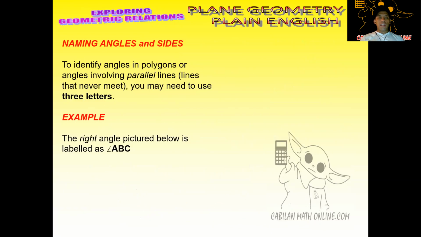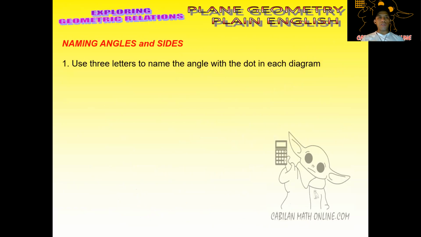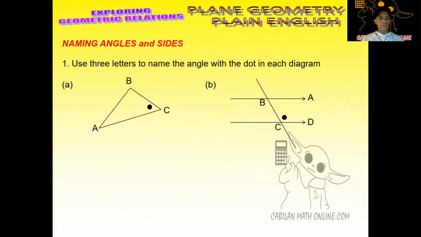All right, let's see an application of this. It says use three letters to name the angle with a dot in each diagram. In example A, we have the dot at angle C. The way you express this is BCA or ACB, depending which direction you're going. As long as the C is the middle letter, you correctly identify the three letters.